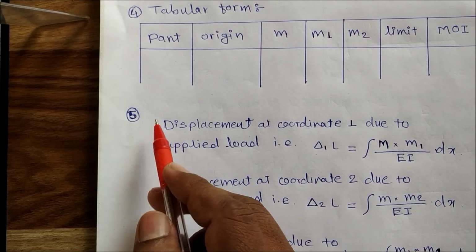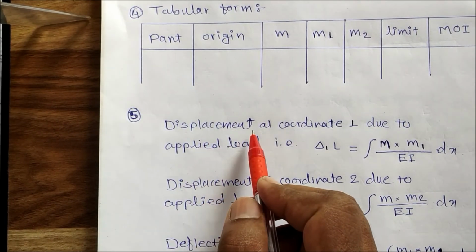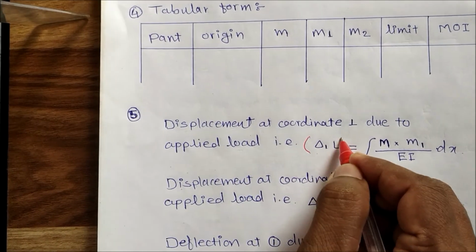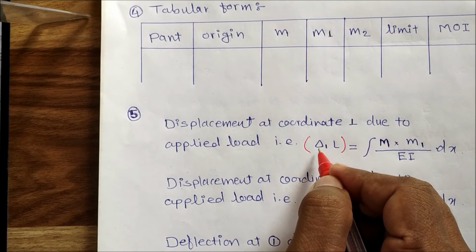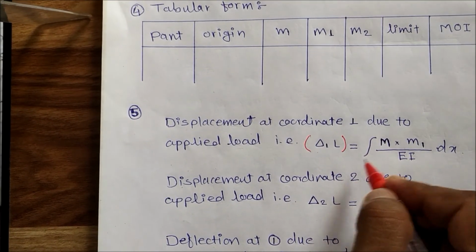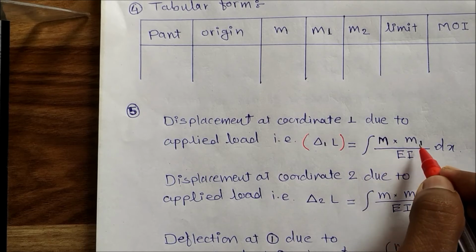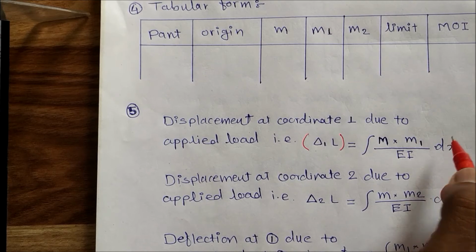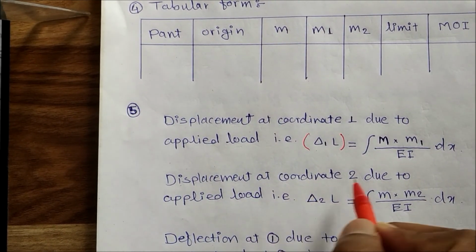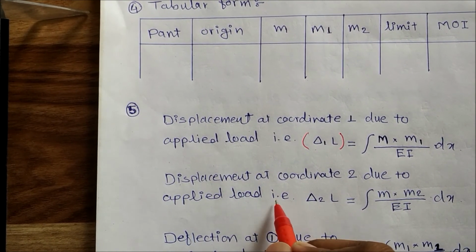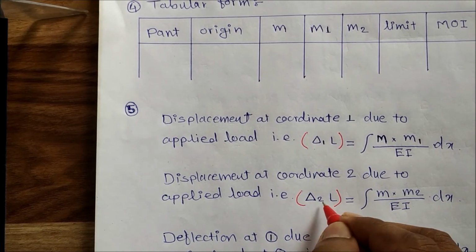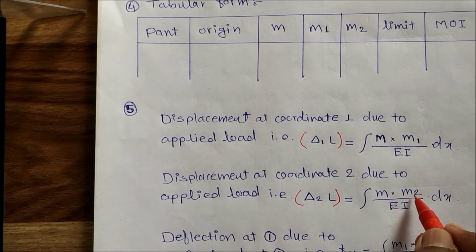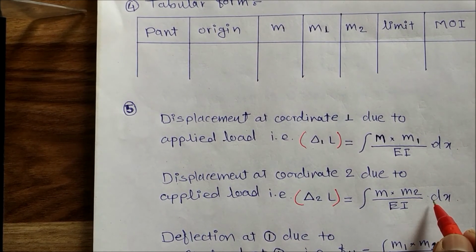In the fifth step, we calculate the displacement at coordinate 1 due to the applied load, that is del 1L equals the integration of m into m1 divided by EI into dx. Similarly, displacement at coordinate 2 due to the applied load, that is del 2L equals the integration of m into m2 divided by EI into dx.